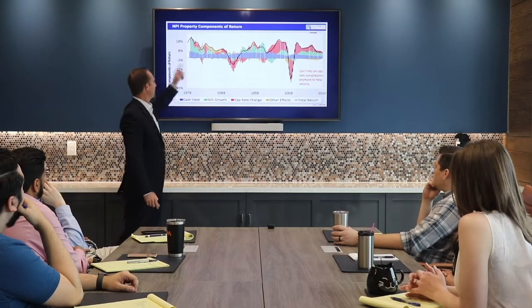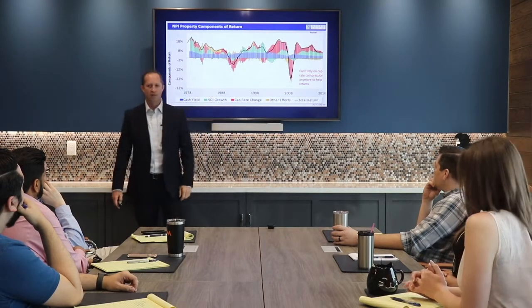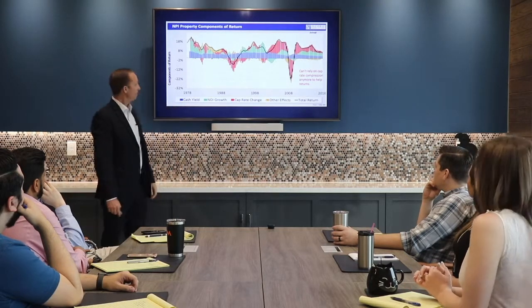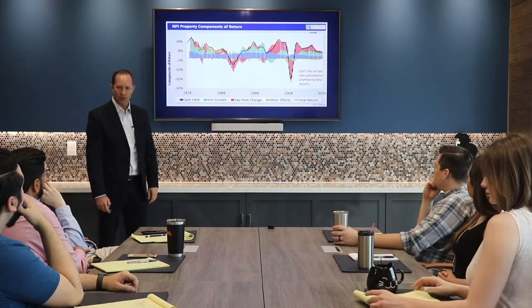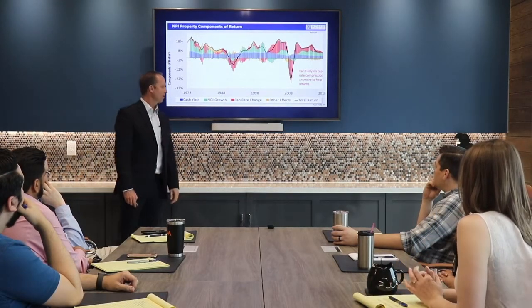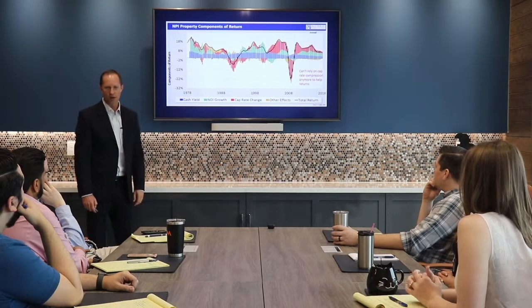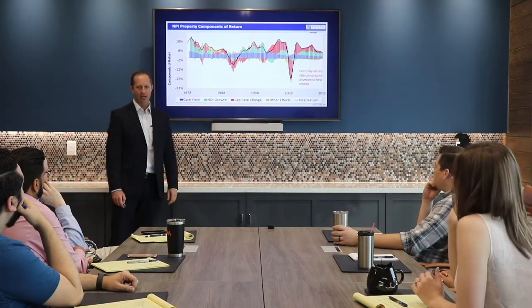But look, since 1978, look at the consistency of that blue line of cash flow. It's varied, but it's basically stayed within that 5 to 7% range across all product types and asset classes. But the black line is property values, the total returns, I should say. Why are total returns going up and down so much? That's cap rate change, right?